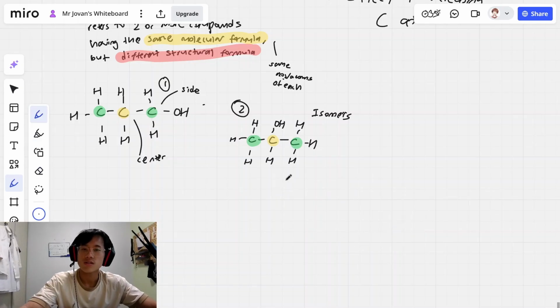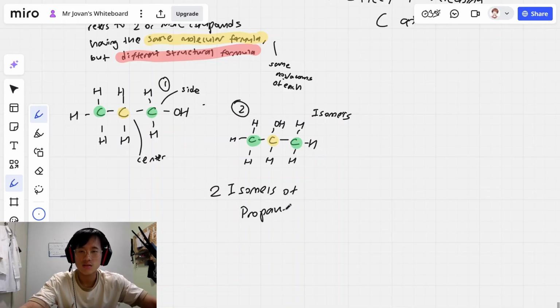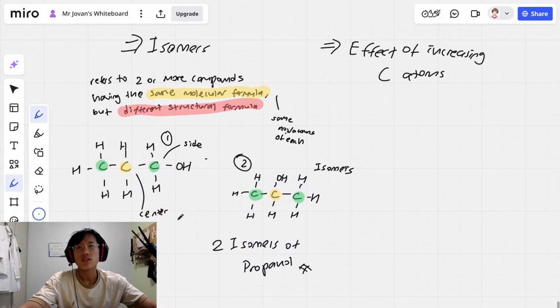Okay, so for propanol, we know that there are two isomers of propanol. This applies for every other homologous series, so you need to know how to draw isomers, okay? Just now, the one I gave you an example of is not an isomer. We look at whether the carbon is in the middle or the side.